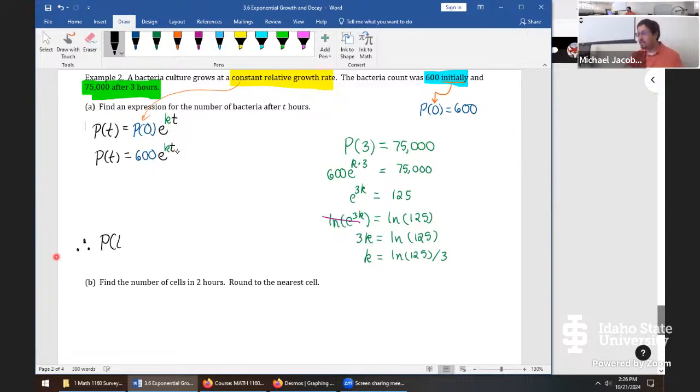The population at time t by this model would be equal to 600 times e to the power of, it's this number times t. So usually the way I'd write that out is put t in front just to visualize it a little bit better. Then where k is, we're going to read it out like this. T times the natural log, 1.25 divided by 3.